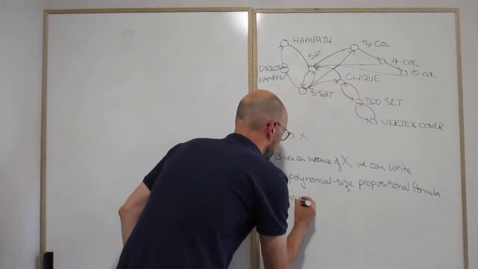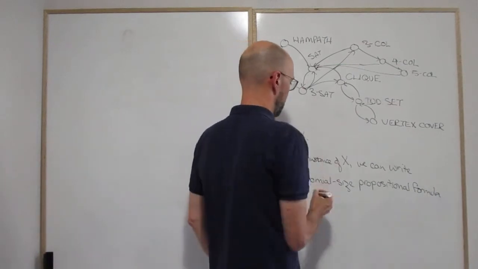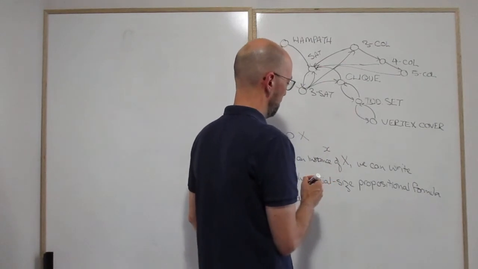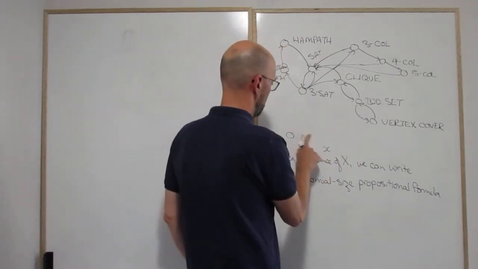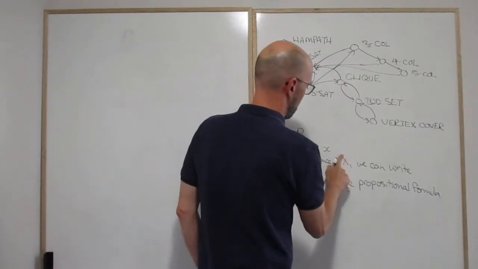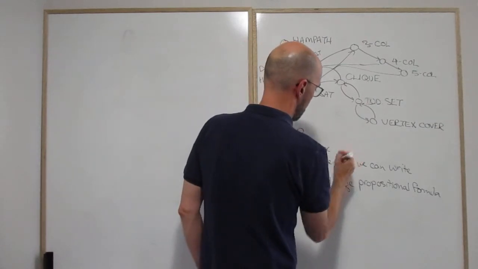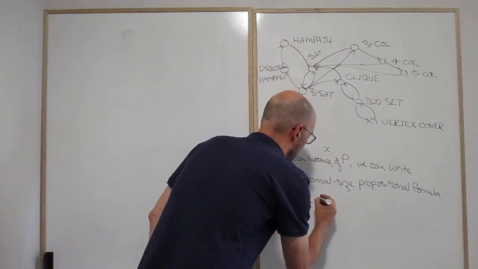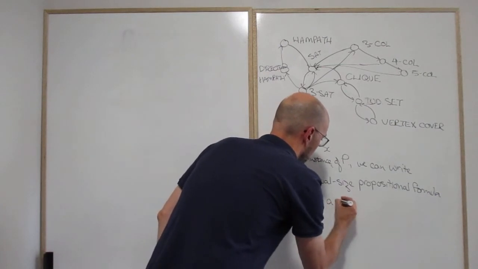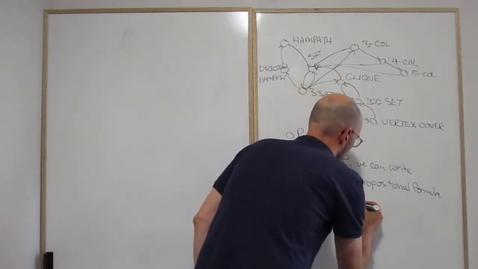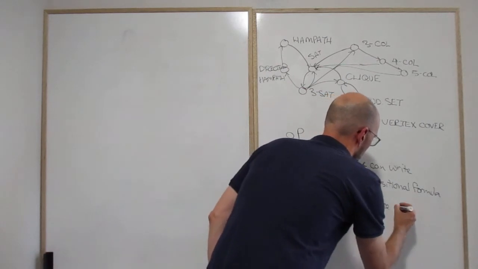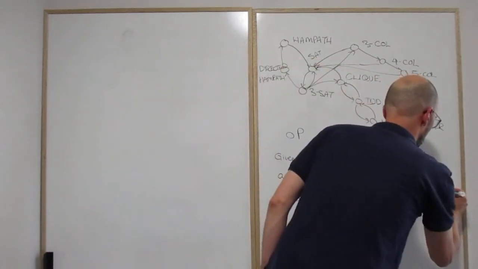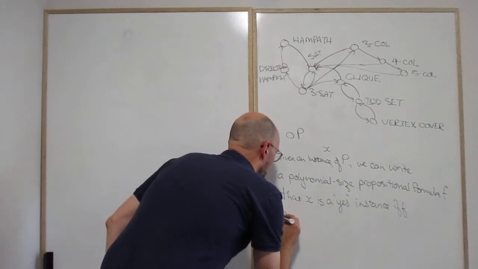that says, so let's say given an instance, let's give this a name. Let's call this little x. I'm not sure that's a good name, but okay. Little x, let's call this P. Okay. Given an instance, little x of P, such that x is a yes instance, if and only if a formula F is satisfied.